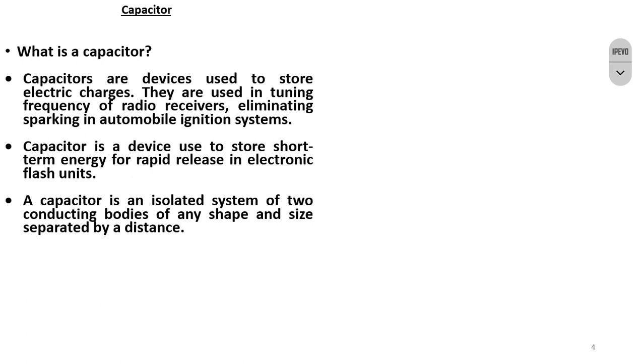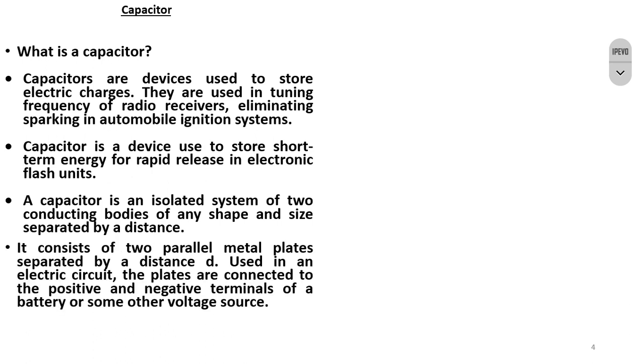A capacitor is an isolated system of two conducting bodies of any shape and size separated by a distance. Any of those definitions are correct, so whichever you are convenient with, you can apply them. It consists of two parallel plates separated by a distance d, used in an electric circuit.